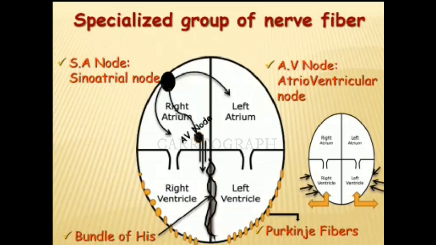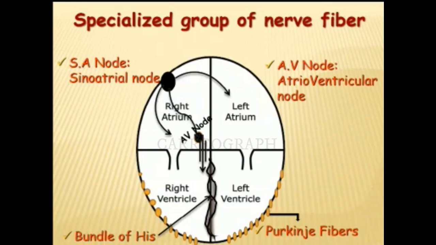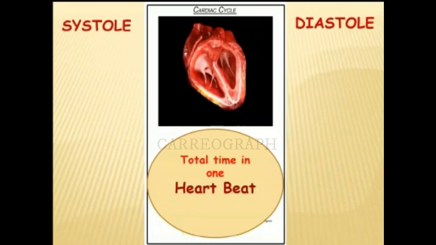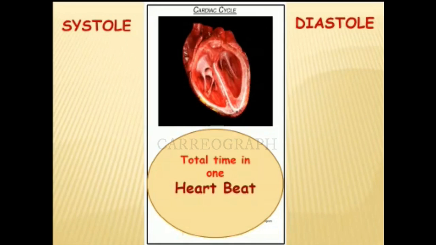So friends, after contraction, blood goes into the artery as well as the blood stream and to the different parts of the body. This contraction is called systole, in which we have seen that the blood passes out of the heart.